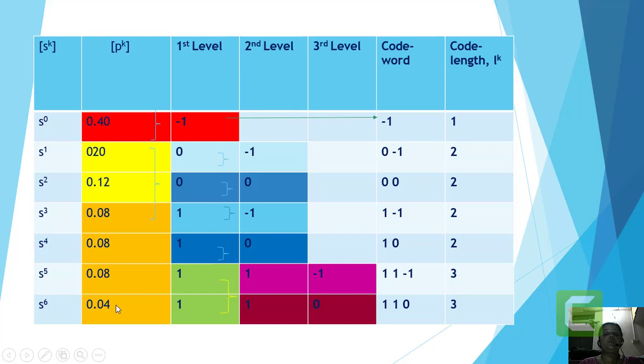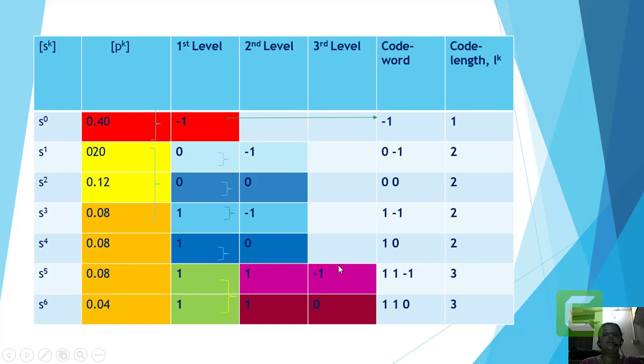So again we have to go for a third level of division. M is 3, but only 2 symbols are present, so we will have the subdivision of one symbol as 0.08 and another symbol as 0.04.